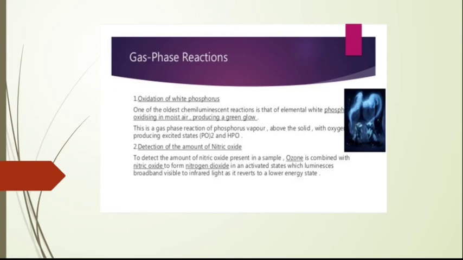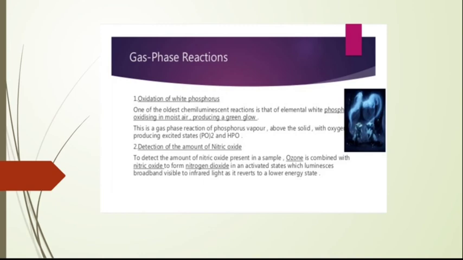White phosphorus, when undergoing oxidation in the presence of moist air, produces a green glow, and this glow is called chemiluminescence. This is a gas phase reaction of phosphorus vapor above the solid with oxygen, producing excited states PO twice and HPO.